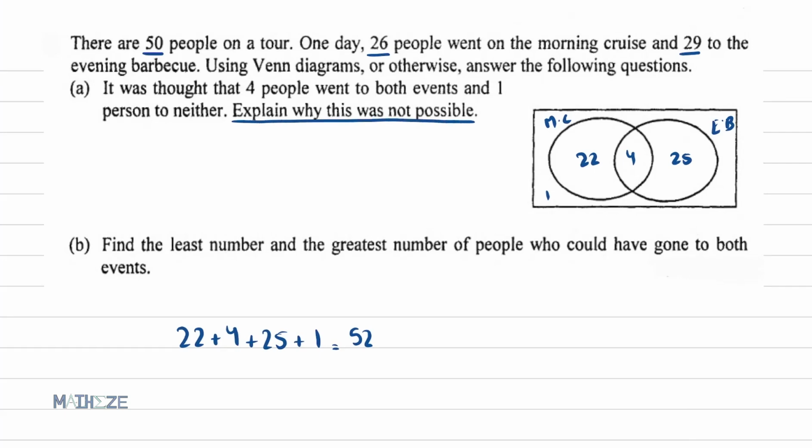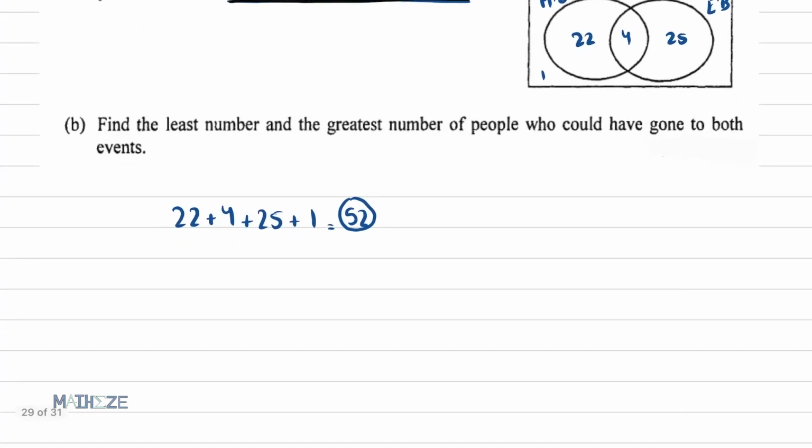You get this? By this information, I'm getting the answer 52, but the question states that there were 50 people, which clearly shows that this was not possible. You get this? Now, part B. Find the greatest and least value of the number who could have gone to both events. So, for the least value, I'm going to make a Venn diagram like this.